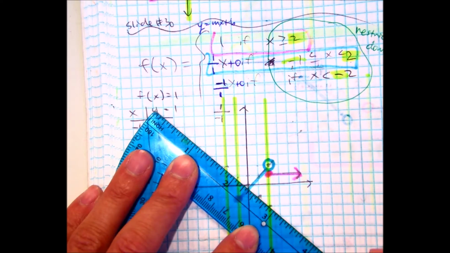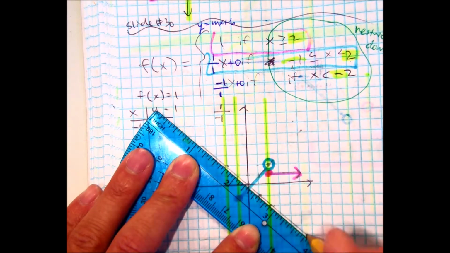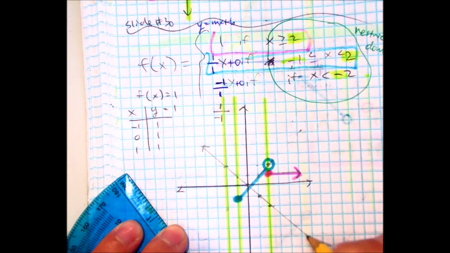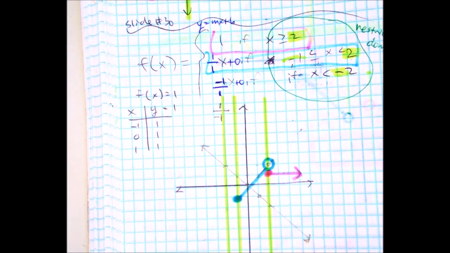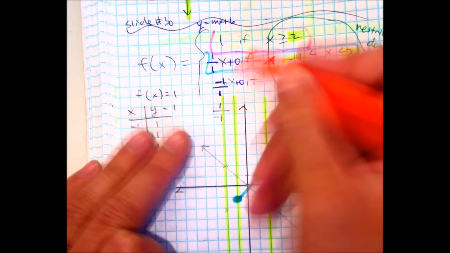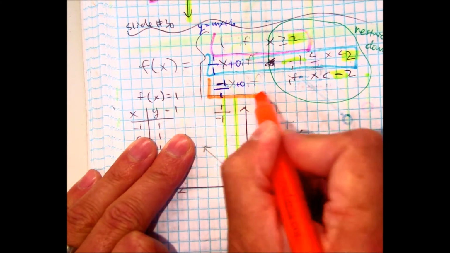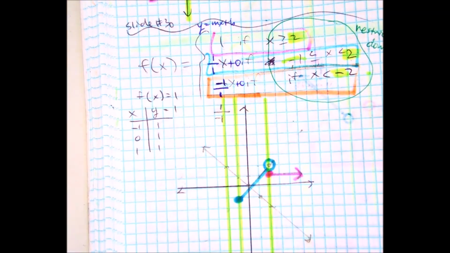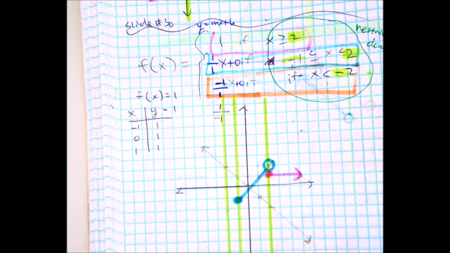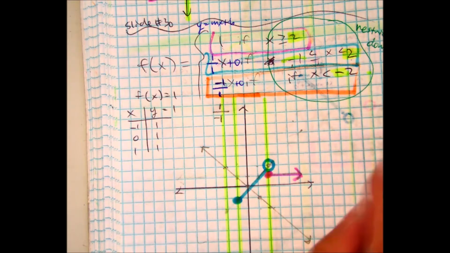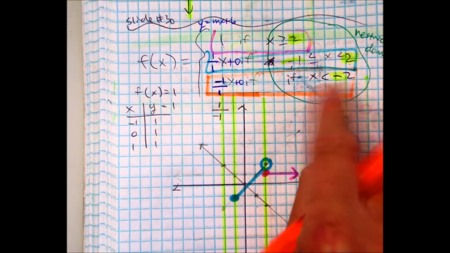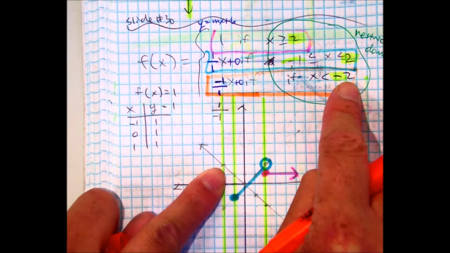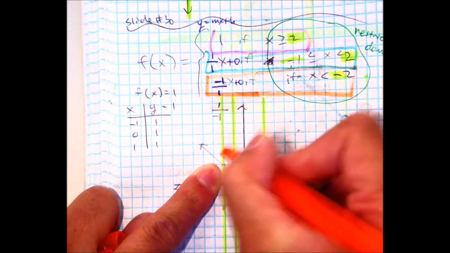Here is my linear function. Let's do this in orange. Open or closed, class? Open where? Open at -2. Here's x at -2, so open.